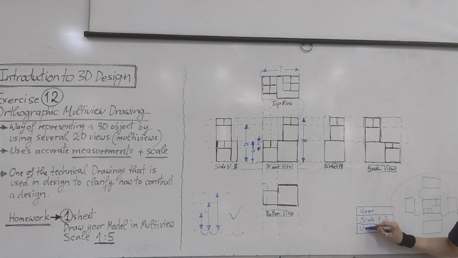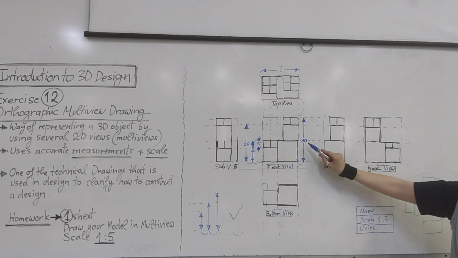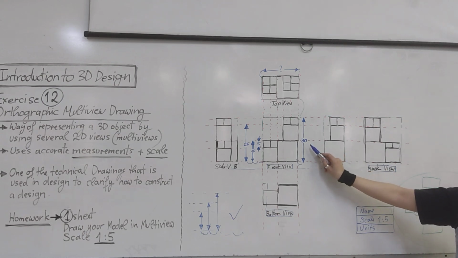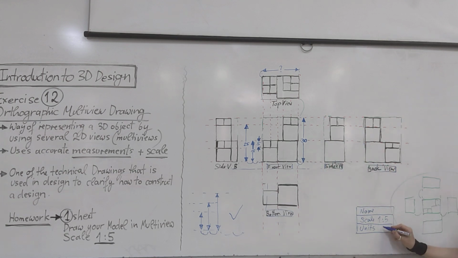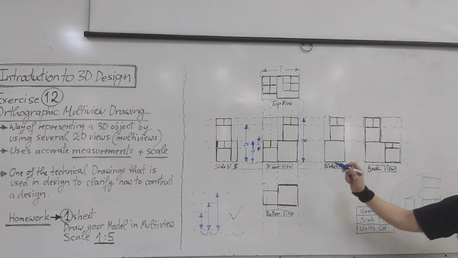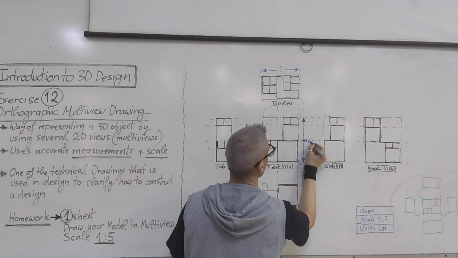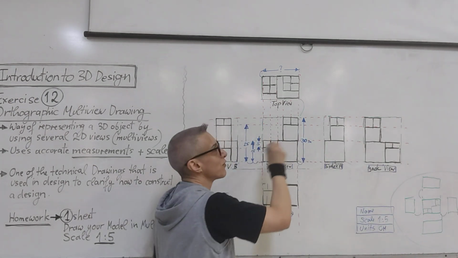And units. What units you use? So, is this 30 centimeter or 30 millimeter or 30 meter? We don't know. Okay? So units, centimeter. Notice that I haven't written it down here. So you don't write, for example, here 30 centimeter, 5 centimeter, 25 centimeter.